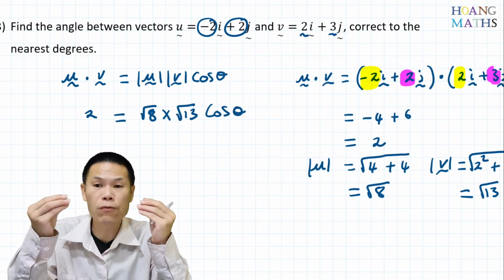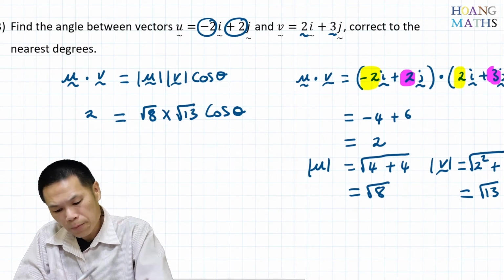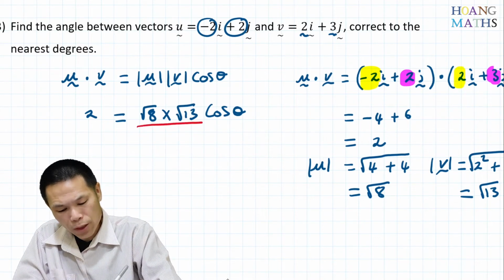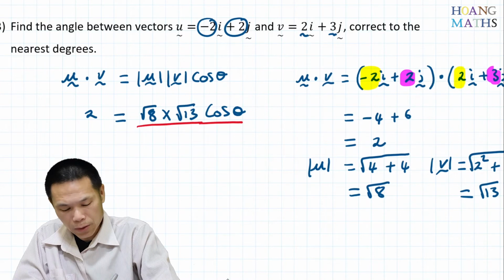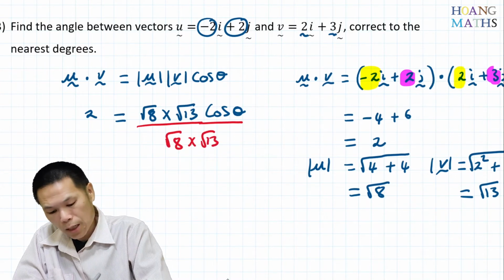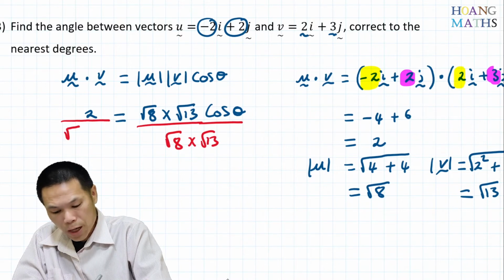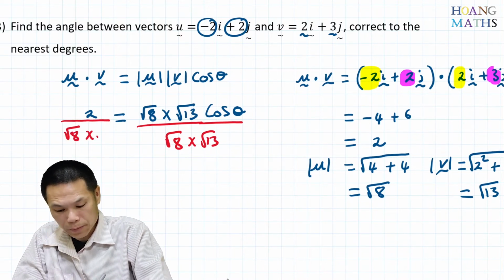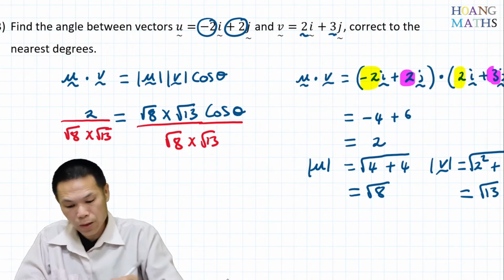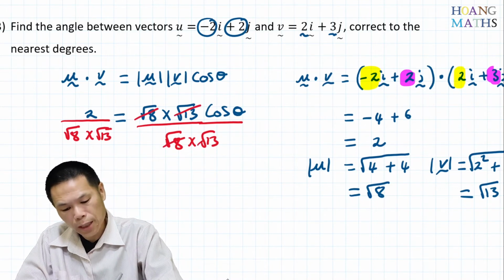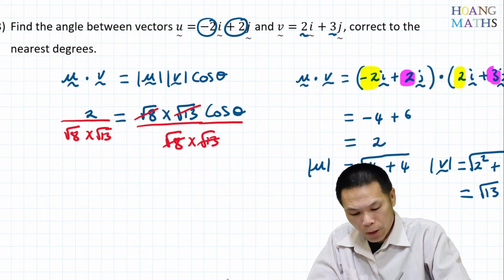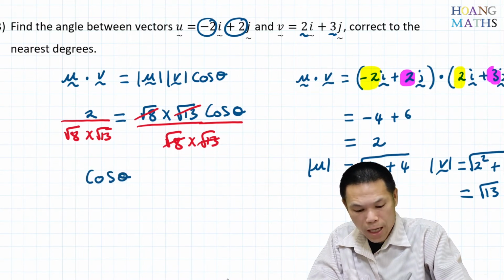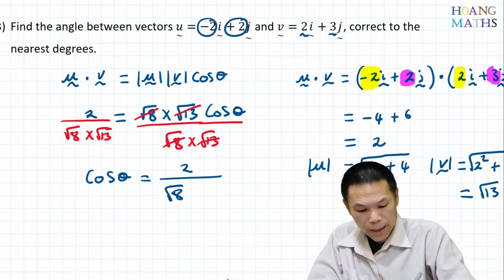And now I just divide both sides by square root of 8 times square root of 13, so this cancels with this. Therefore, cos of theta is equal to 2 over square root of 8 times square root of 13.